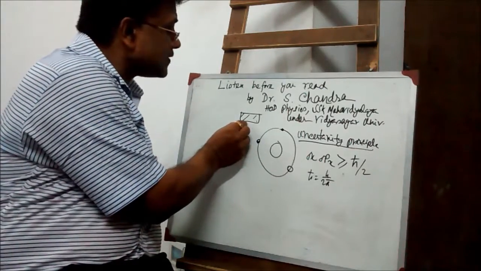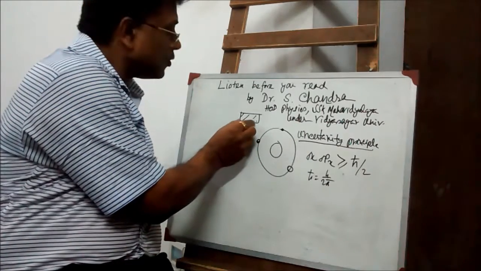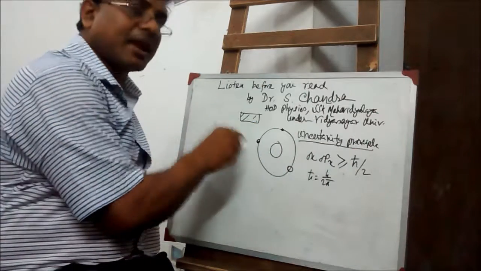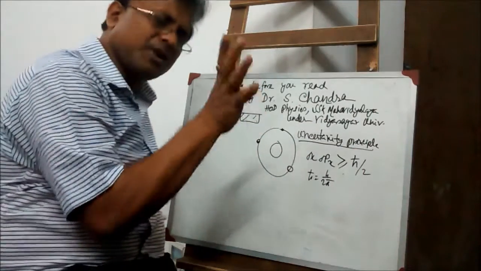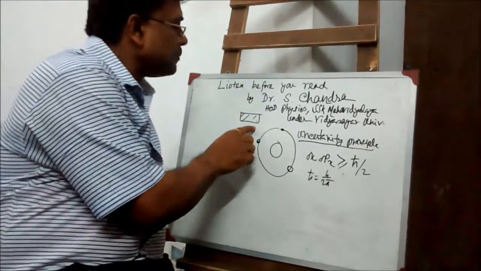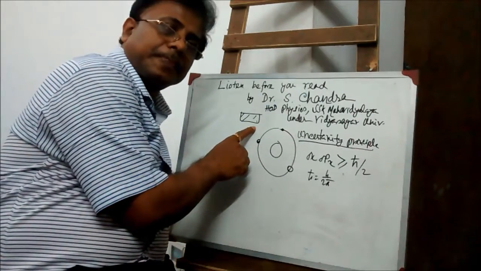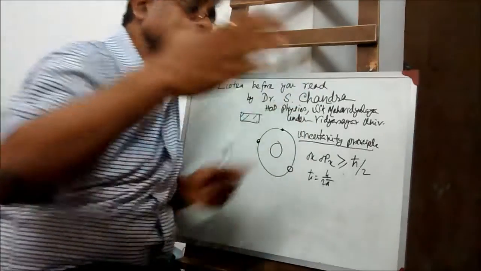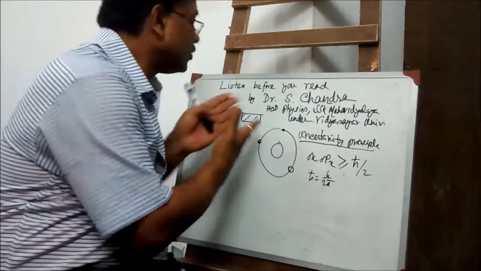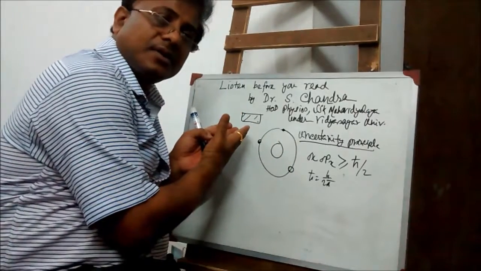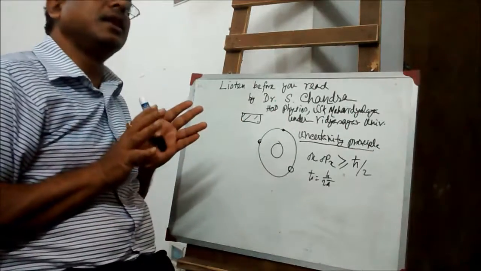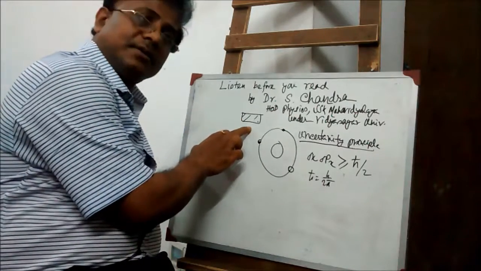Suppose the scale has 1 centimeter gradations, then you can measure it as 3 centimeters. But if the minimum gradation of the scale is 1 meter, then how can you measure this? You cannot. So to measure a length, you need a scale finer than that length.